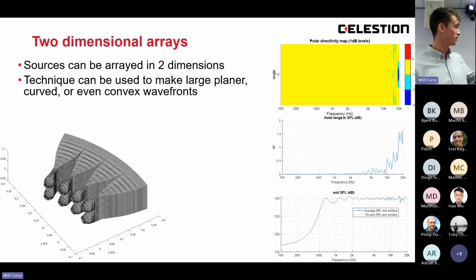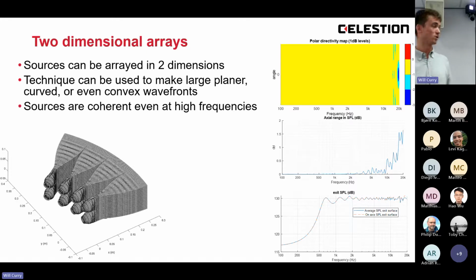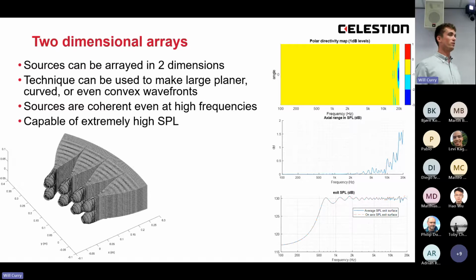The middle plot is the axial range in sound pressure level. So this is how much the SPL changes moving up and down vertically. The top one is the directivity, and then the bottom one is the average SPL across the exit surface. Yeah, the sources are coherent even at high frequencies, and this is capable of extremely high SPL because you have lots of drivers and each one is only firing into a little angle.